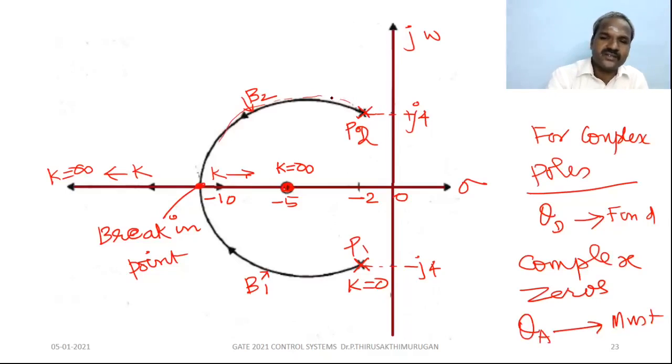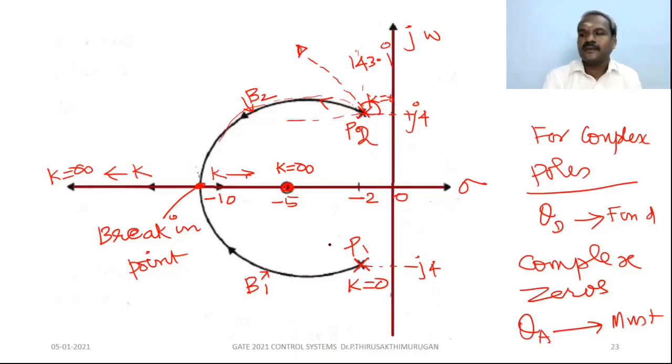So when the branch starts from this point at k equal to 0, similarly at this point, at what angle does the branch depart? Say this is the horizontal plane, 90 degrees vertical, and say 143. This angle is the angle of departure, 143.1 degrees, which is positive.